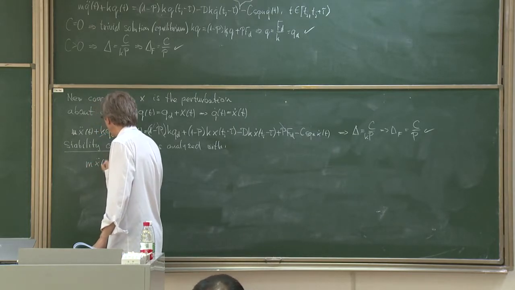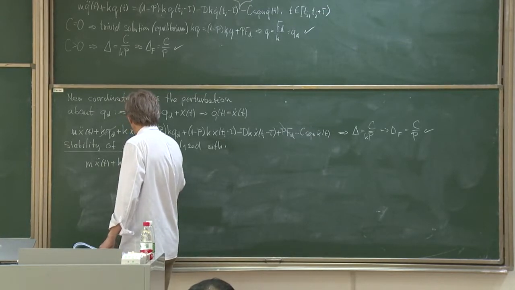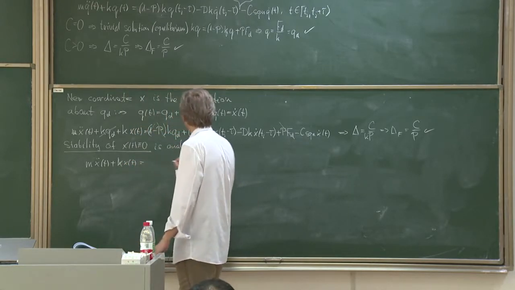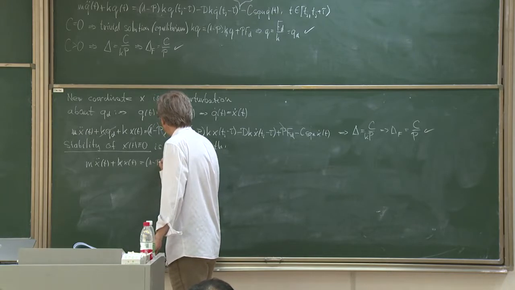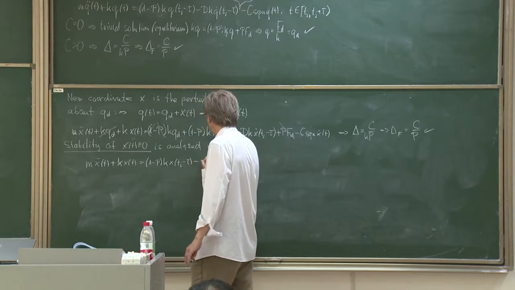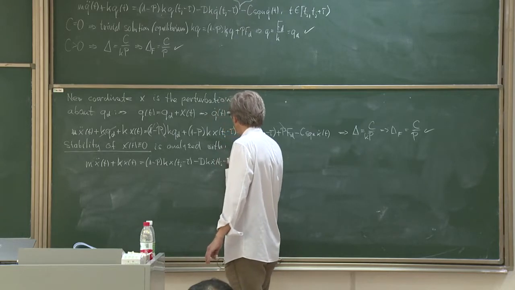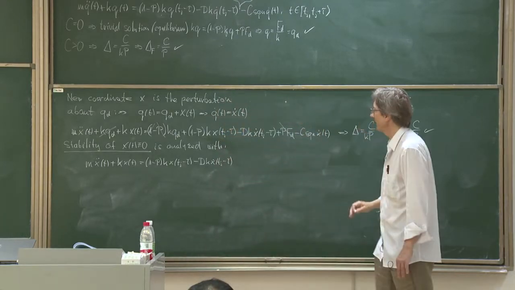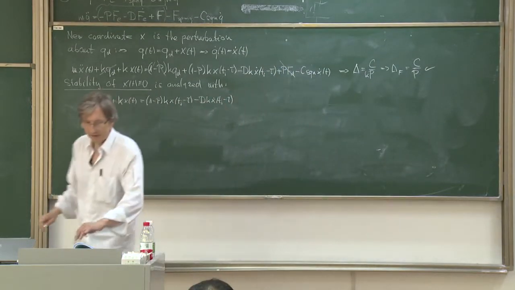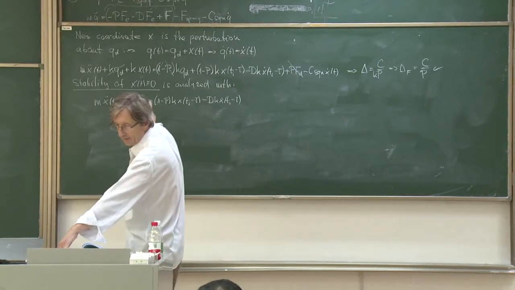I will check it in my lecture notes whether I did it correctly, but I hope it is all right now. M times x double dot t plus k times x t equals 1 minus p times k times x at Tj minus tau, minus d times k times x dot at Tj minus tau. And that's it. Yeah, let's see it again: x double dot and k times 1 minus p.